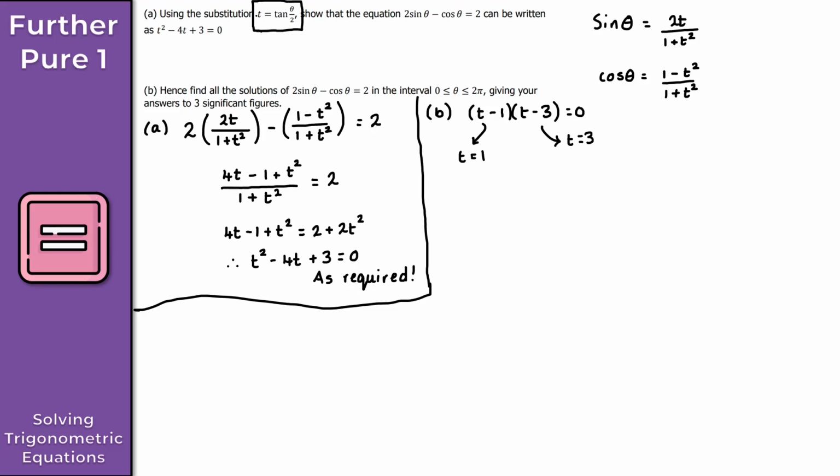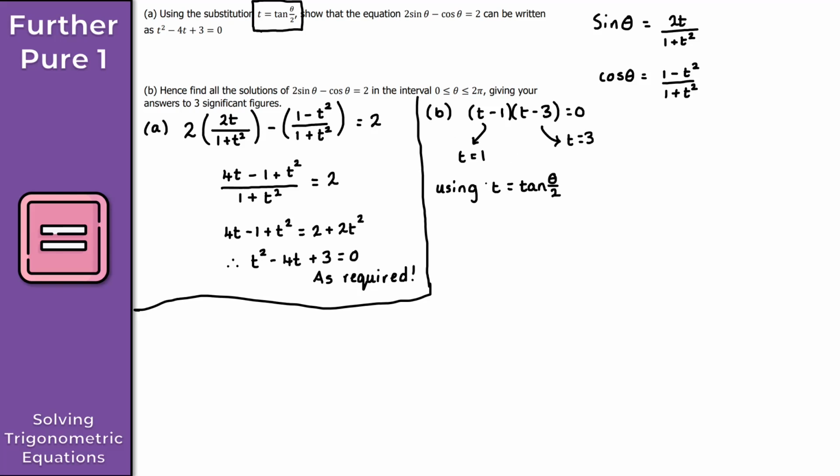Okay, so using this substitution here, let's make a note of that here. So we're going to use t is equal to tan of theta over 2. And basically all we do here then is replace t with these two values here. Okay, and from there then, pretty basic, right? We can go on to solve for theta.